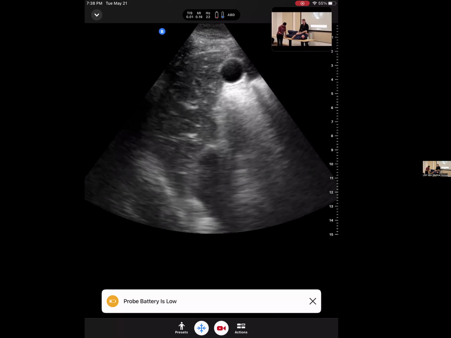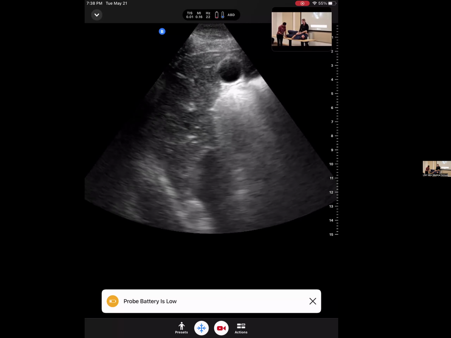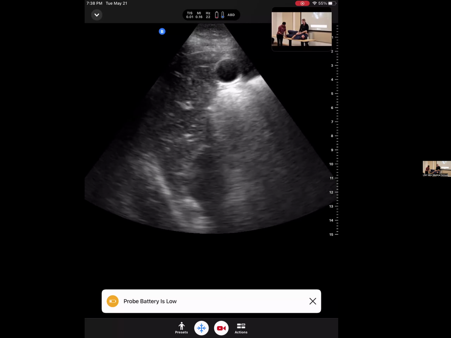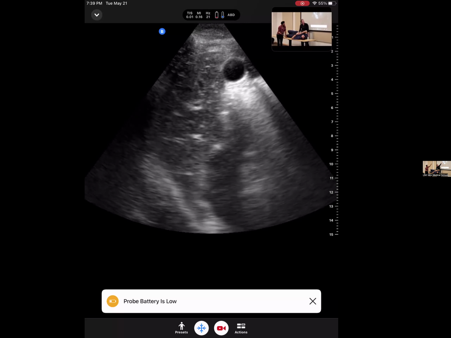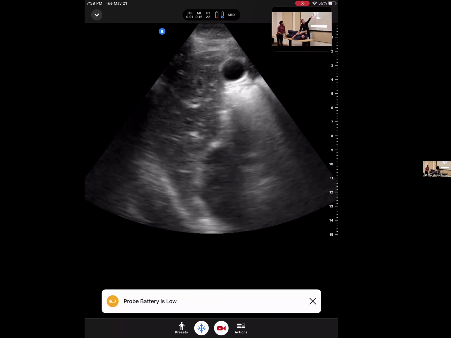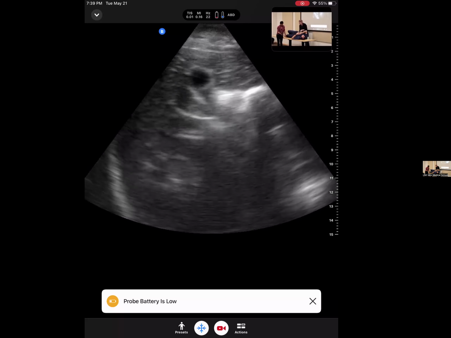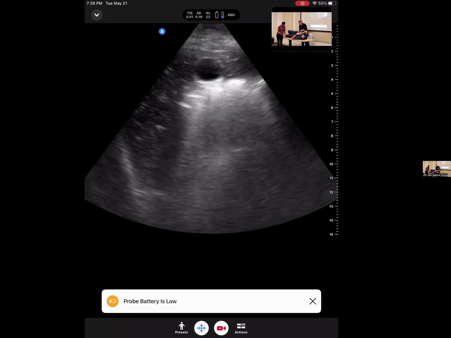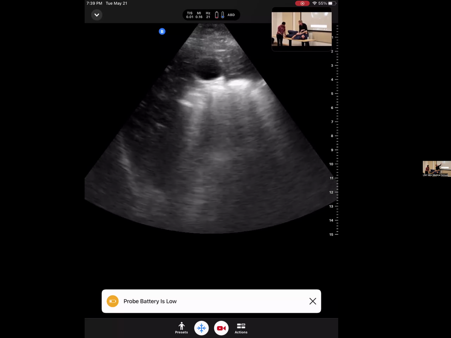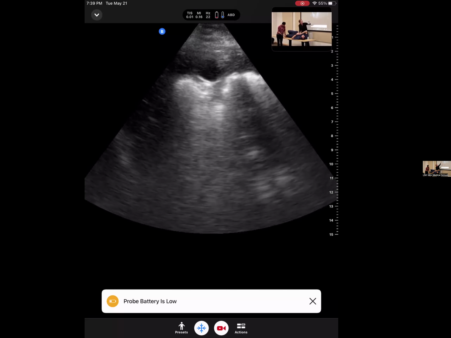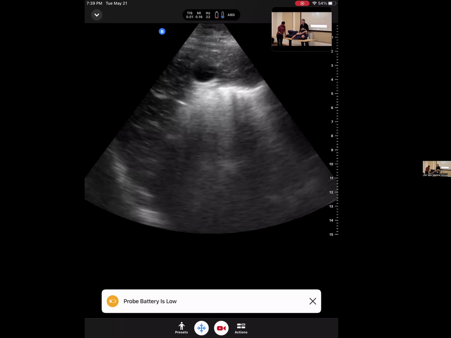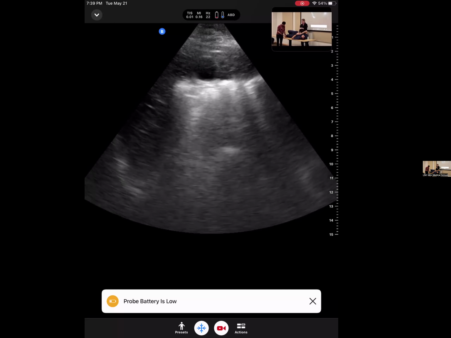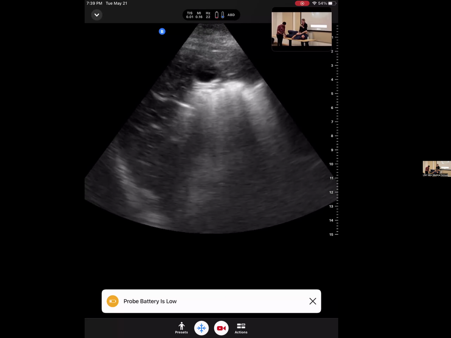I'm going to show you gas, the feared enemy of ultrasound. If you go up a little bit higher, all that shadowing, you're like, well, that's very bright, but what is all this stuff right there? The sound wave is hitting air and it's not going through.